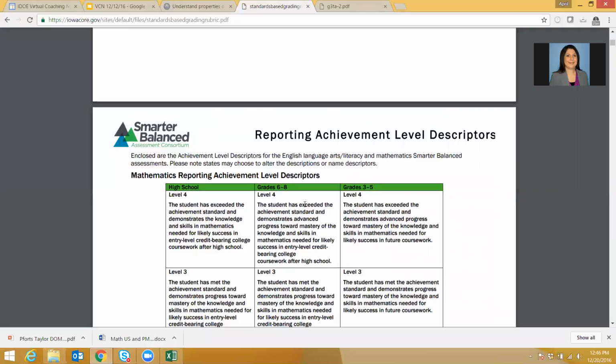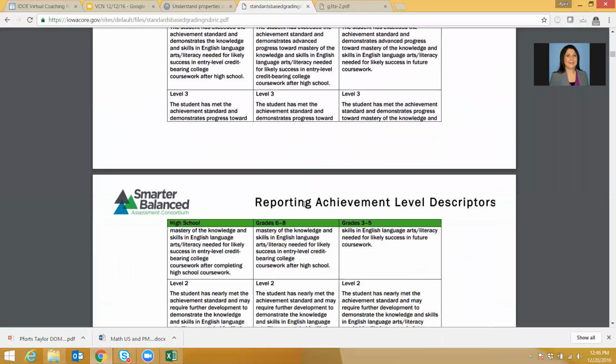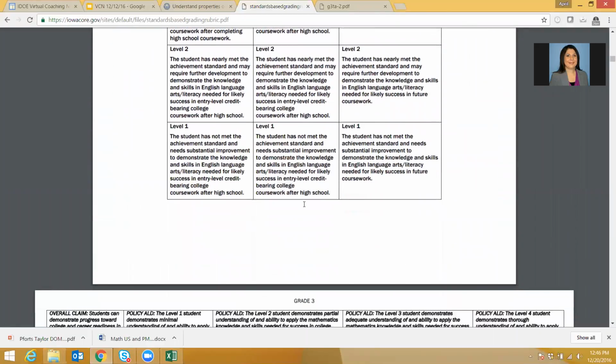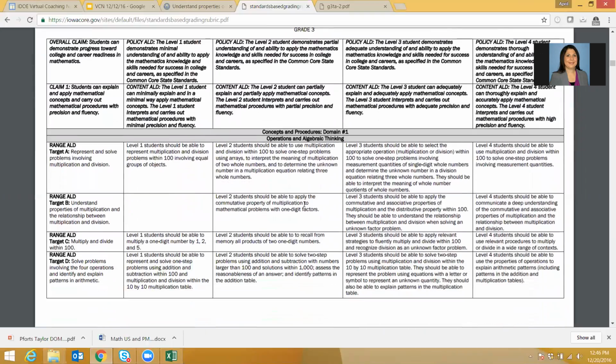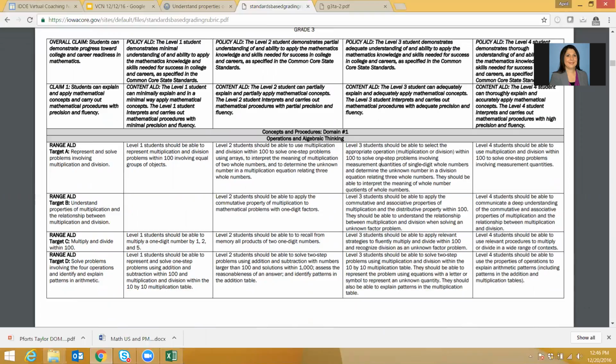And so we'll deep dive into this at a later time, but I know I've been asked for all of this different work. And so you can look through here and learn more about the different grade bands. And then this is the achievement level descriptors for target A. And remember that this is thinking about that whole entire target with the standards for mathematical practices, right?